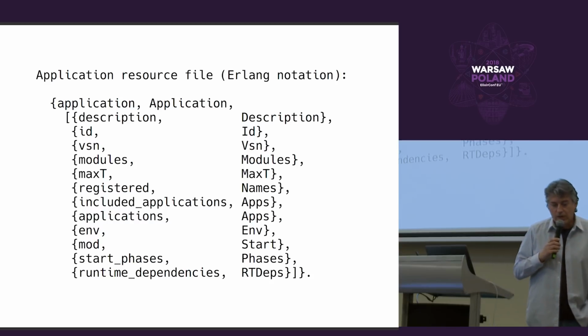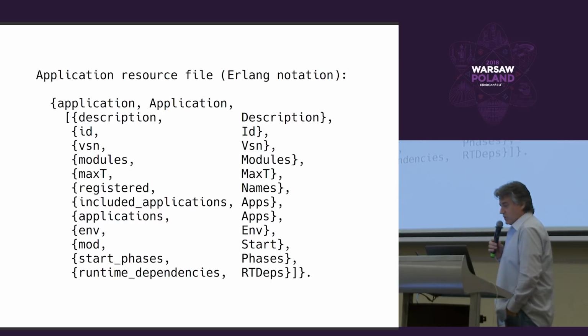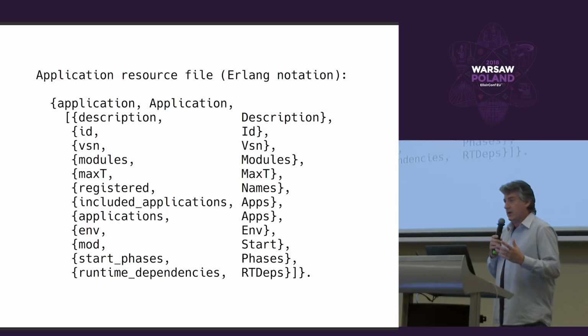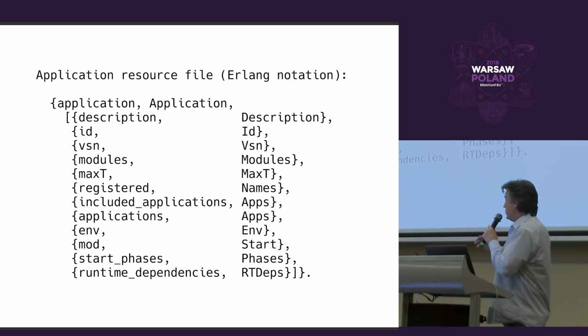Applications are described in something called the application resource file. The application resource file is a text file that contains an Erlang term. So this is Erlang notation, because that's how the file looks. There's a tuple. The first thing is application.